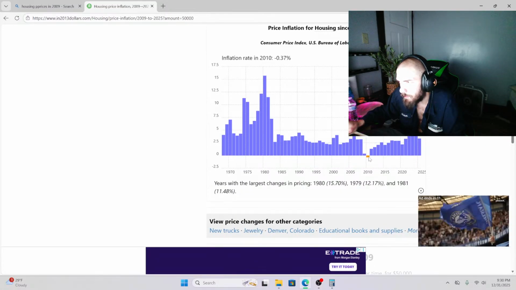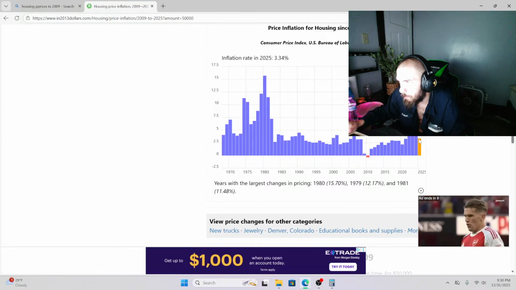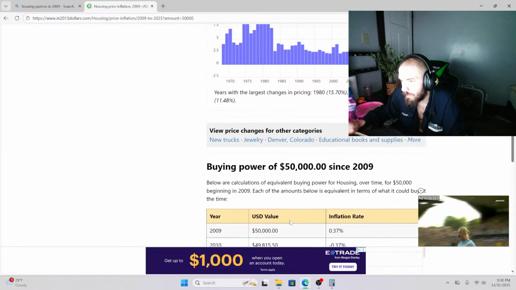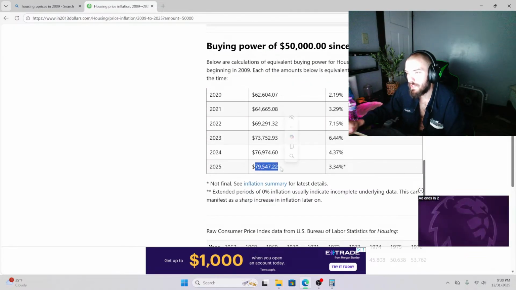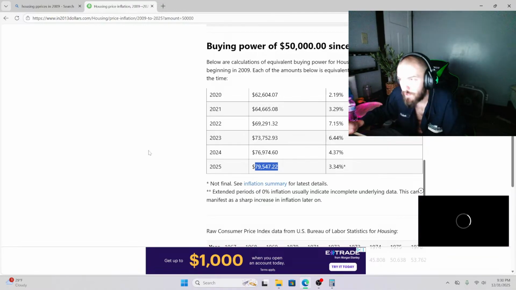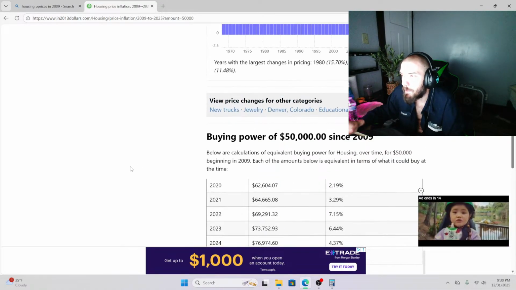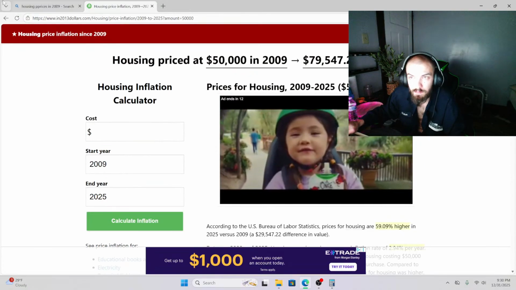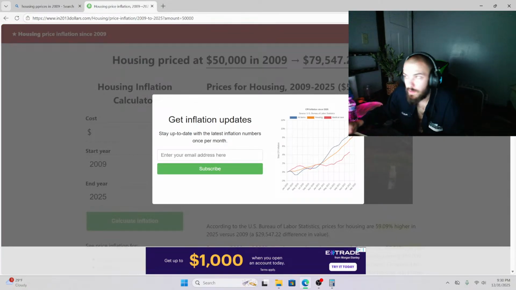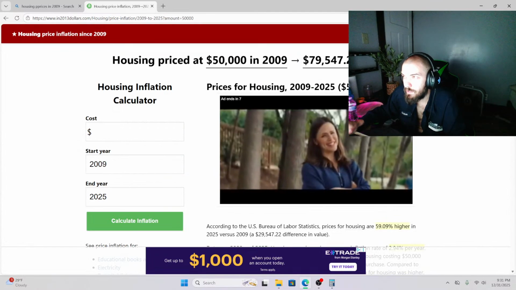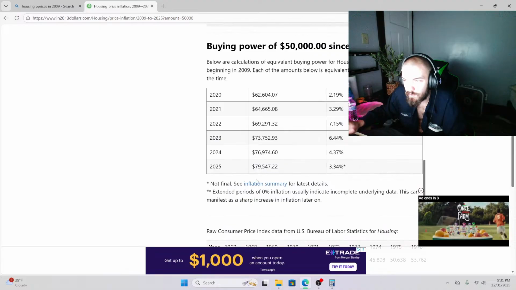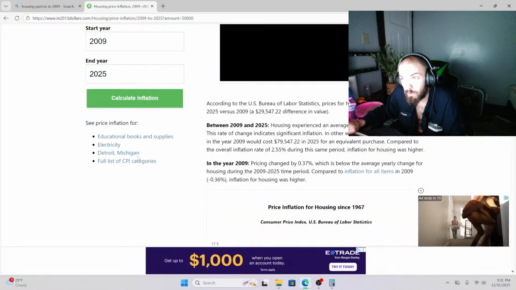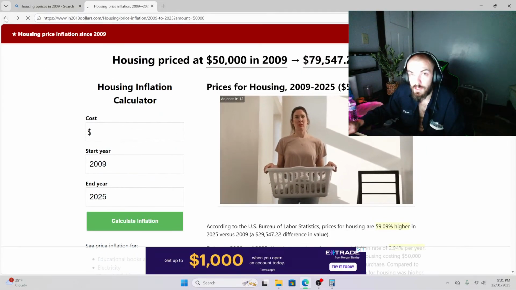Oh, yeah, there we go. 2009. Oh, those numbers aren't even right. Oh, it's only worth $79,000 today, guys. Oh, buying power. So even your 50K back then is only worth almost 80 now. This is all bullshit.